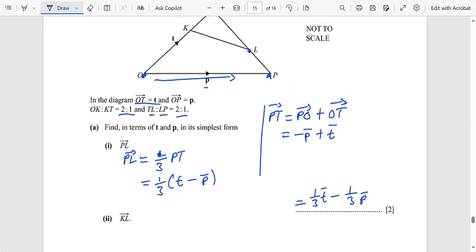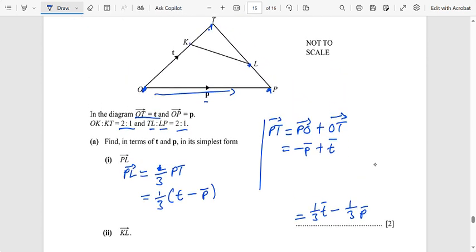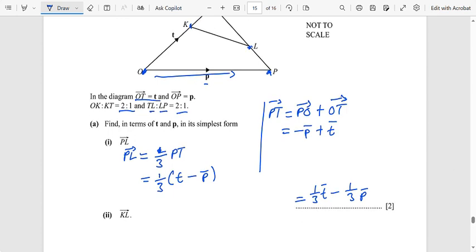Now I need to find vector KL. Vector KL can be vector KO plus, I move from K to O, then I move from O to P, so that's plus vector OP, then I move from P to L, which is plus vector PL.